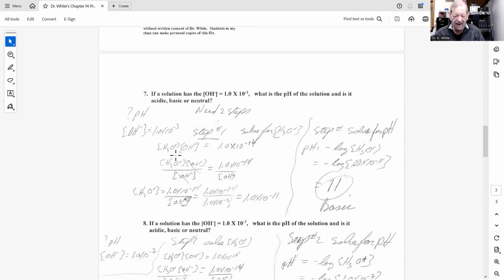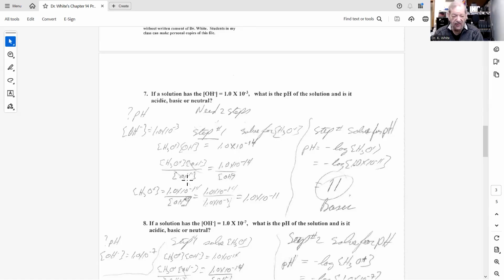Well, remember Kw. Hydronium times hydroxide equals 1.0 times 10 to the minus 14. We want to solve for hydronium. Well, anything divided by itself is number 1 and is gone.